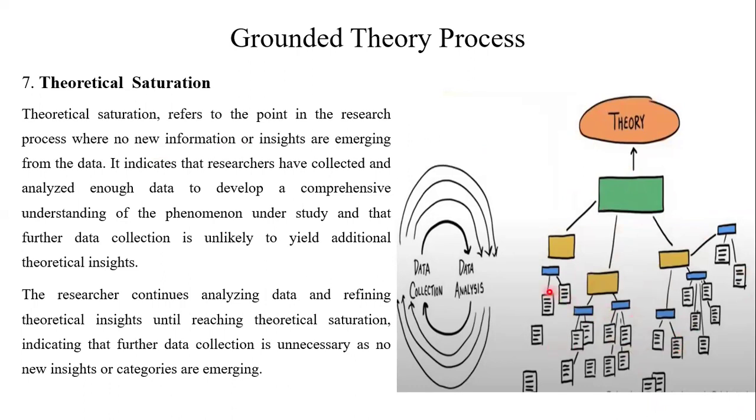Initial codes, then in blue rectangles you find the axial codes, and in yellow or orange bars you find the core category or selective codes. Then you generate the hypothesis, then you develop the theory. So this is the part where you finalize the theory because no new information is coming.